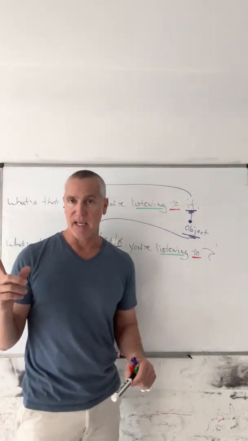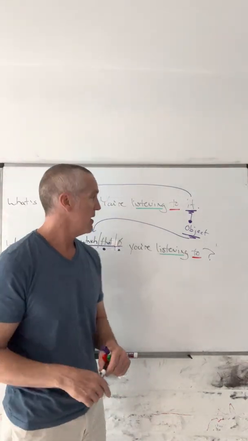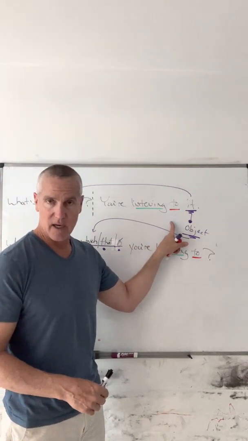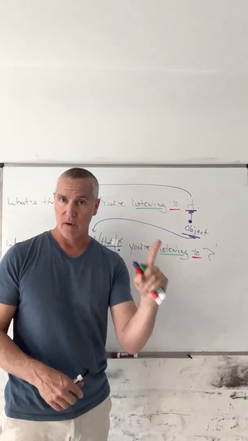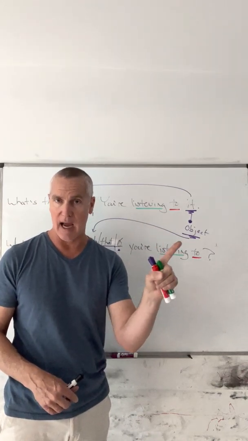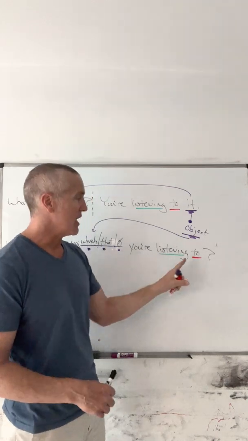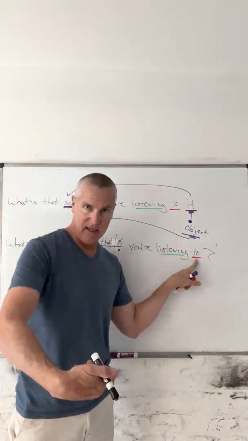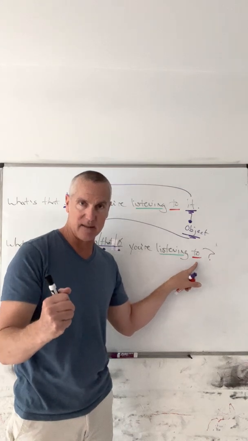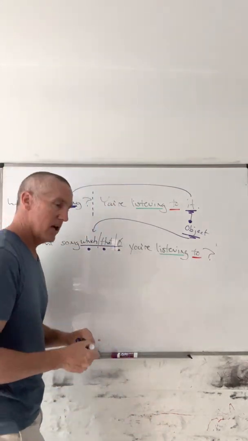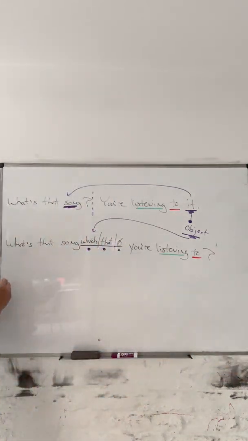Now, because we have this verb preposition combination, that gives us one more possible option, and it is very formal. We can use the preposition to introduce the adjective clause, and in that case, we can only use which.